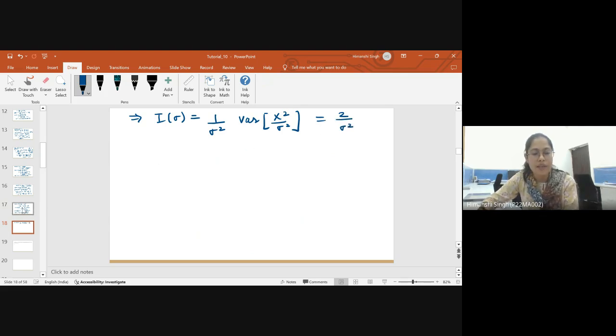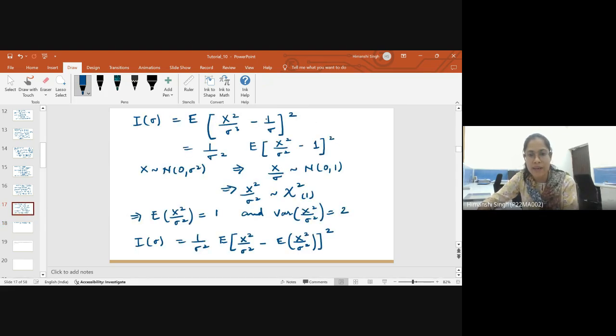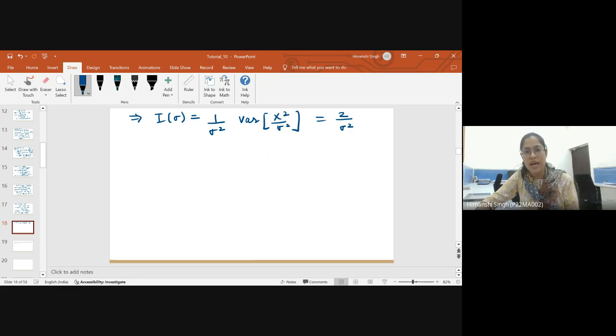One other way to find this is by taking the square of all the terms and taking the expectation with respect to the normal density, then also you can find it, but this is a short way, by making it a chi-square distribution. Okay, so this I sigma will be this. This will be the Cramer-Rao lower bound.